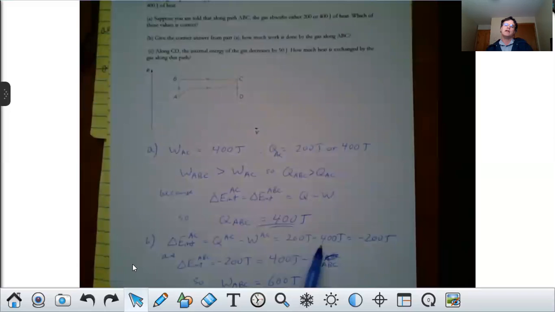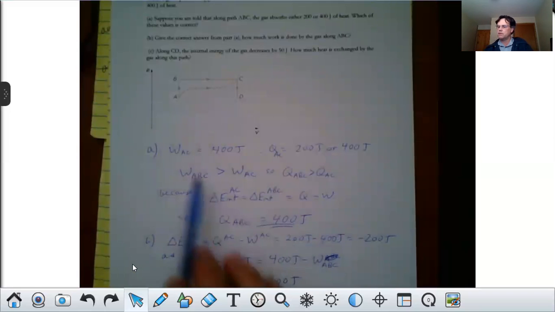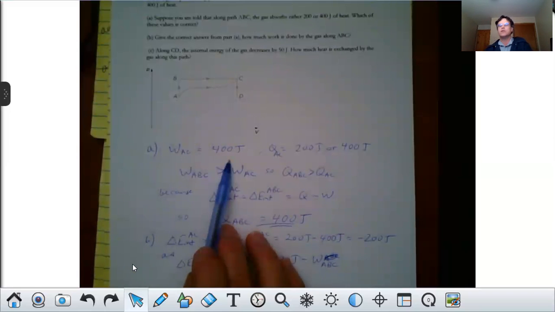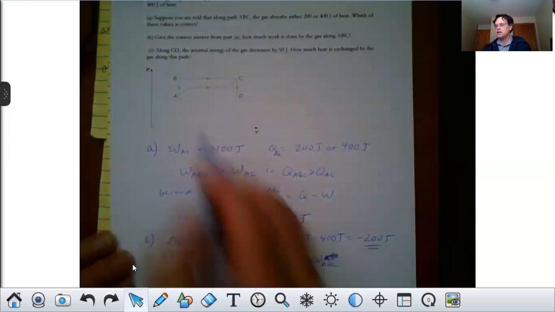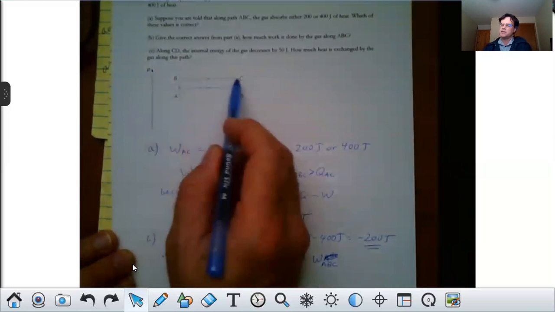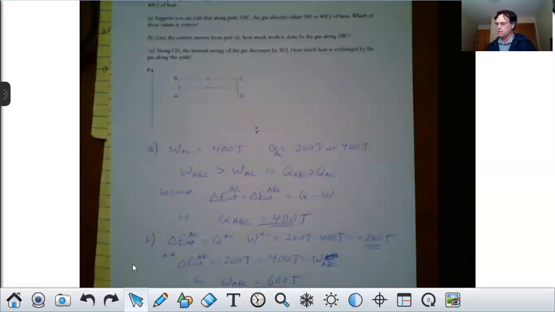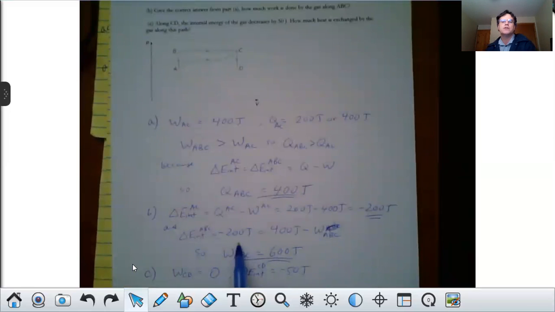And then minus 400 joules for the path AC, because I'm told the work done from A to C directly is 400 joules. So from that, I can find my change in internal energy is negative 200 joules. Now that's along the path AC, but it must be true that the change in internal energy along ABC is the same. As we said, they begin and end at the same point. So it's also negative 200 joules.